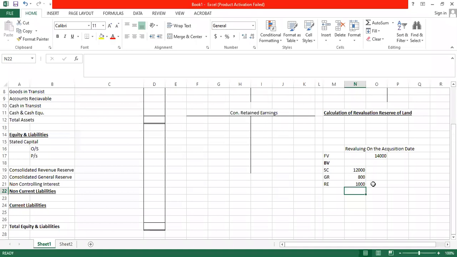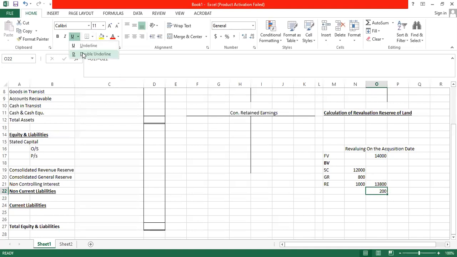Now you can take the summation of the book value of their net assets. So definitely there is a difference. You can see now, if you deduct the book value from its fair value, you can take this difference.